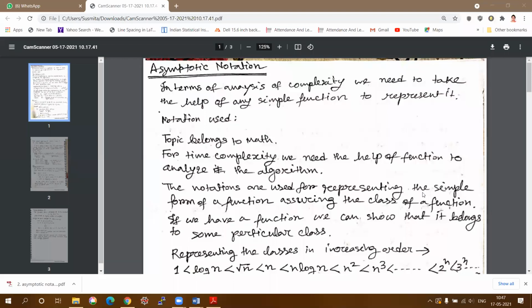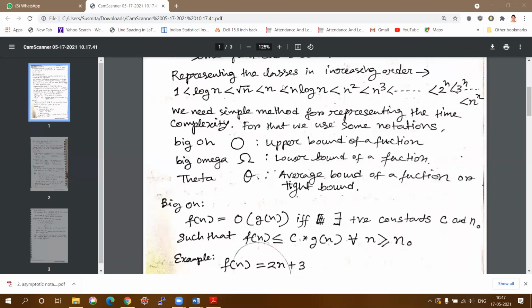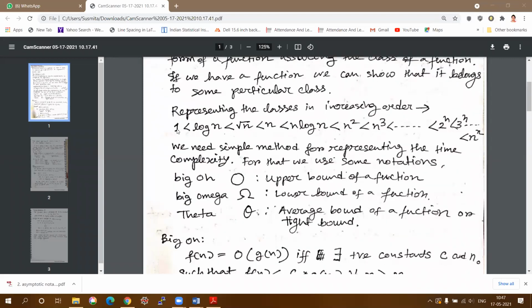In the last class, I discussed this topic using some graphical representation. Today I will use some examples to explain it. So let's see some classes or some representations of a function.